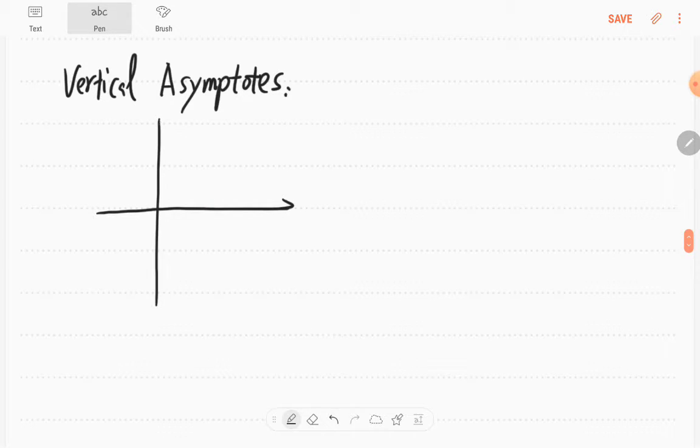We always use a dashed line to denote a vertical asymptote. If the curve approaches the vertical asymptote x equals A, it is one of these cases.